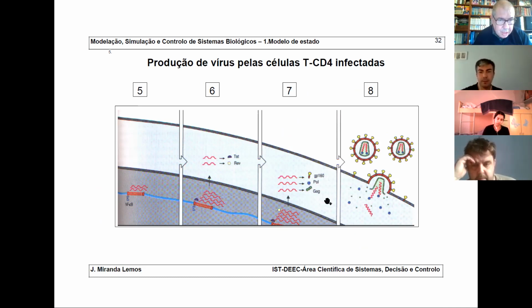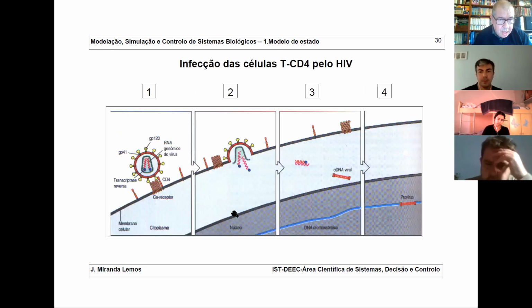Okay? So the first drug, the drug number one, inhibits this entering of the virus RNA into the cell. And you could also consider another drug, which actually exists, that inhibits the integration of viral DNA into the cell DNA.